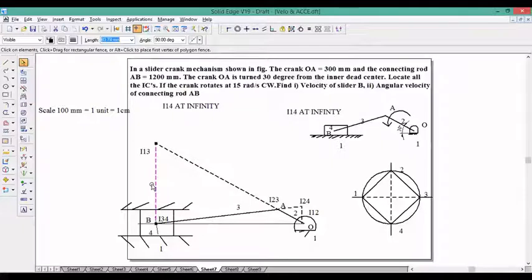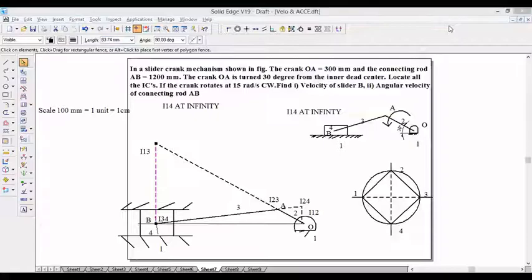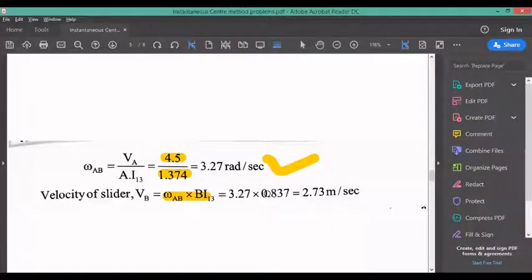Multiplied by 100 gives 837 millimeters, so in meters we get 0.837 meters. Multiplying by 0.837, we get the velocity of the slider as 2.73 meters per second. So this is the solution for this problem.